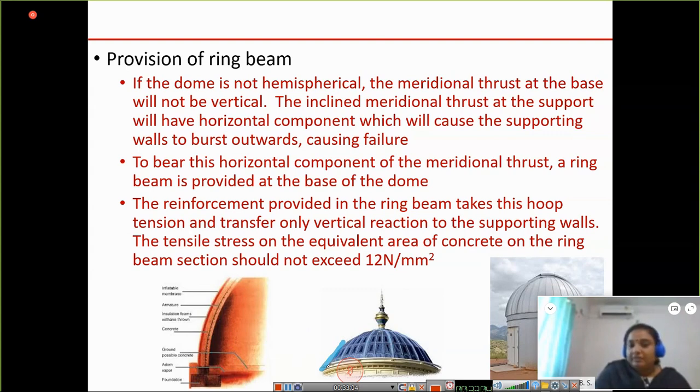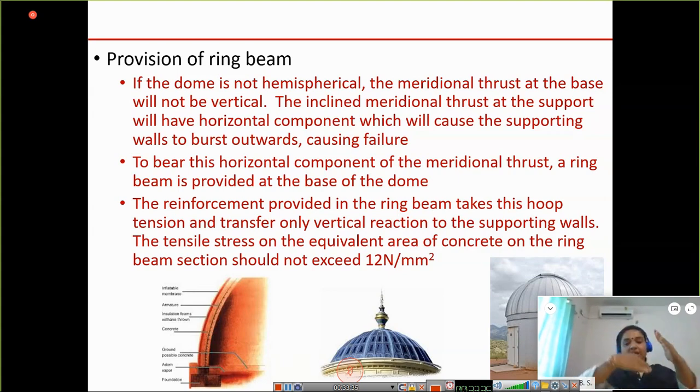I'll read it. If the dome is not hemispherical, the meridional thrust will not be vertical, and the inclined meridional thrust at the support will give rise to a horizontal component, which will cause the supporting wall to burst outward, causing failure. So the force will be acting like this, and this is going to try to push it downward.